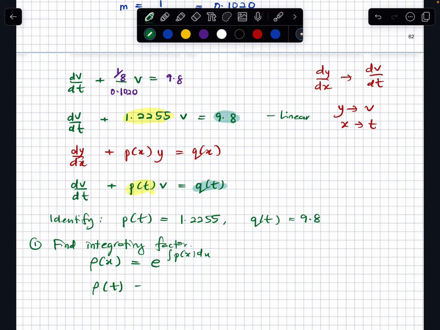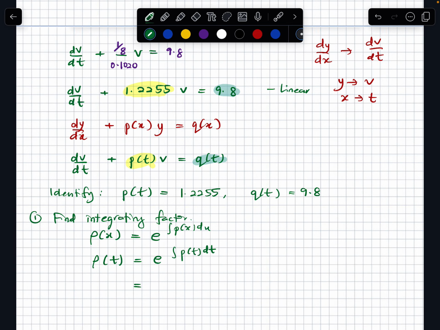Here we are using t. So this is the integral of p(t) dt. So this is exponent of the integral of 1.2255 dt. So the integration of a constant is just 1.2255 t. So that is your integrating factor.